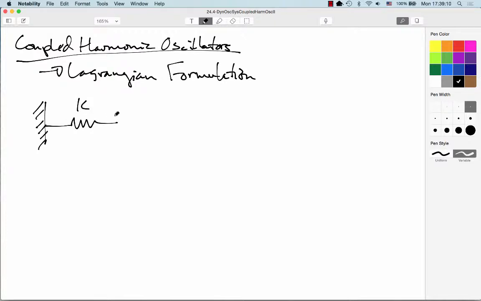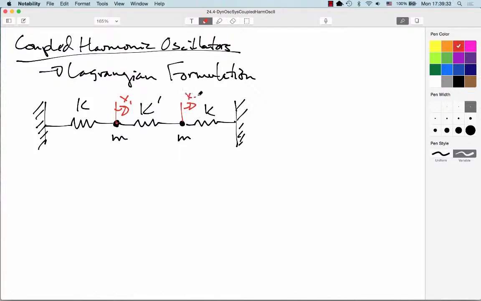We'll just look at the case of identical masses, identical springs attached to the walls, allowing for the possibility of a different spring on the inside. Well, that's generalized coordinate x1, that's generalized coordinate x2 measured off the respective equilibrium positions.